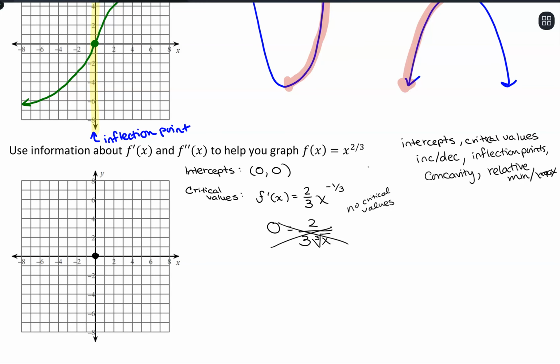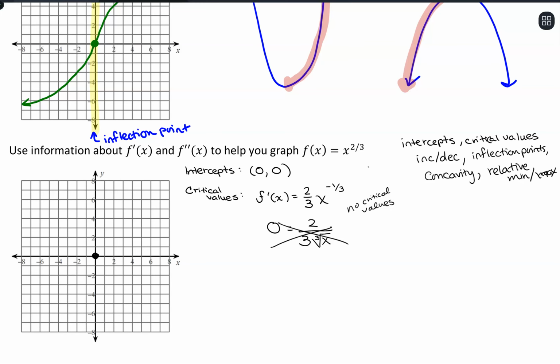But let's go ahead and think about increasing, decreasing. If there aren't any relative minimum or maximum values, the trend isn't going to change. So it should just be a single trend over the whole graph, which means we can choose a value and plug it in here and see what happens. I do not want to plug in 0 because then I'd have 0 in the denominator and that doesn't help.